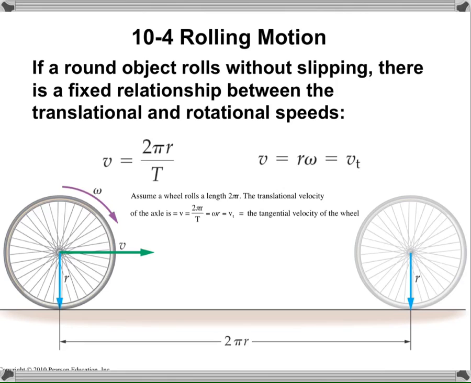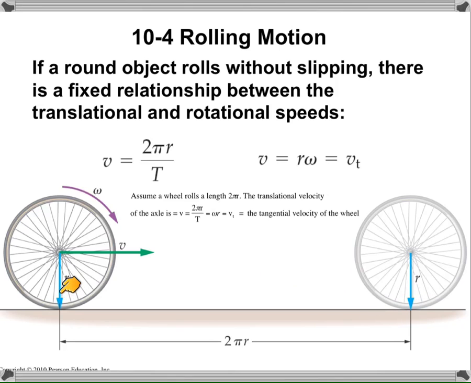If you throw this wheel with a speed v, let's say the speed of the center is given by this v, you can easily find the speed by observing its distance for one revolution.